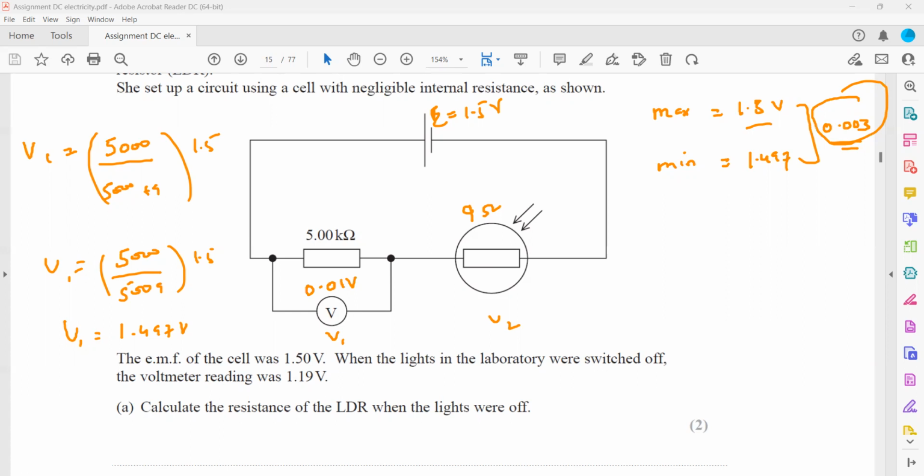The voltmeter will show the same reading even when the lights are switched on. As the resistance of the LDR decreases, the potential across the LDR becomes less than 0.01, so it won't be able to record that voltage.